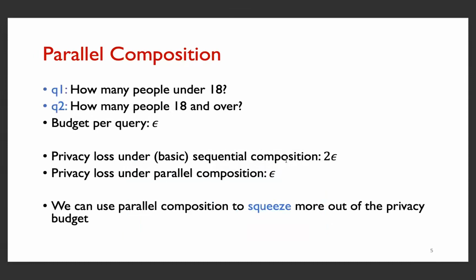So if we have two queries which are on two different subdomains, and each has a privacy budget of epsilon, then under basic composition, the privacy loss is bounded by 2 epsilon, but parallel composition gives us a tighter bound, which is only epsilon in this case. So we can squeeze more out of the privacy budget if we use parallel composition.